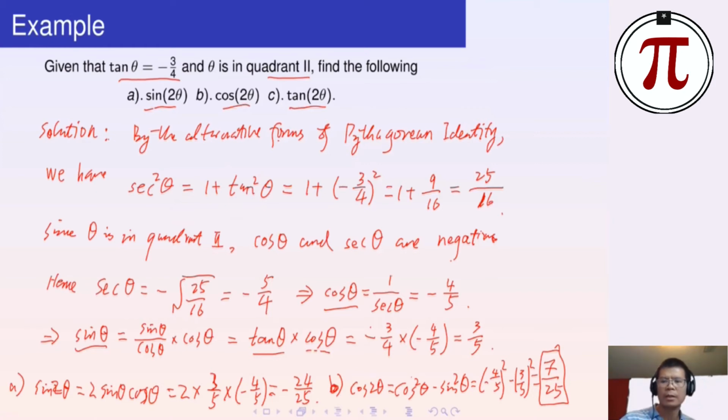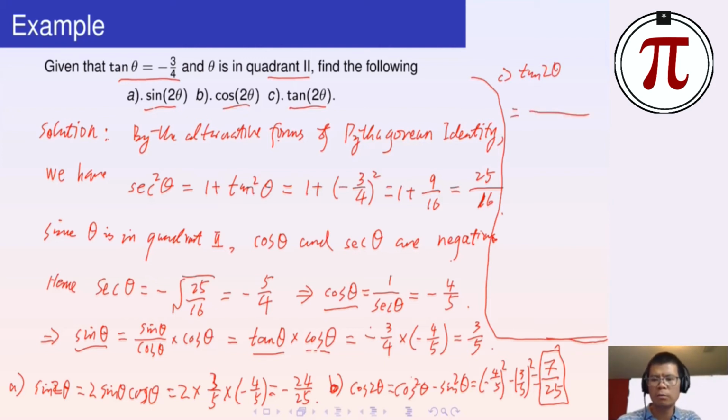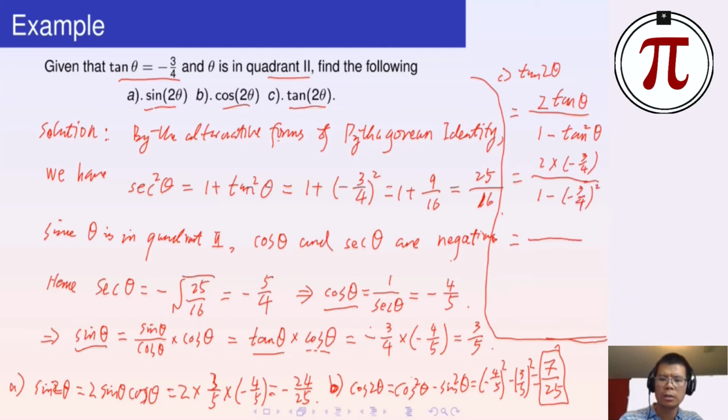Then we can also find the tangent. Okay, let me just write here. I do not have enough big space here, but I can write it here. So here's C, tangent 2 theta. By the double angle formula, it equals 2 tangent theta over 1 minus tangent squared theta. This equals 2 times negative 3 over 4 over 1 minus negative 3 over 4 squared. So what do we have?